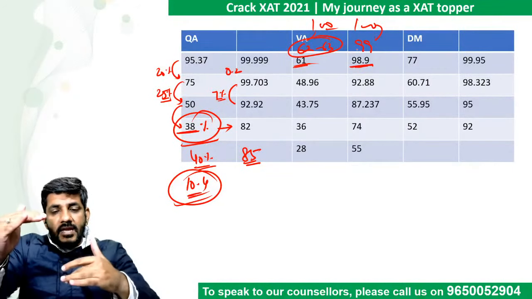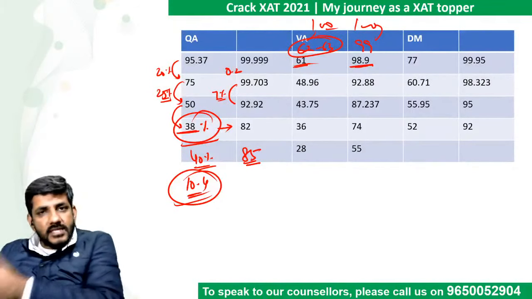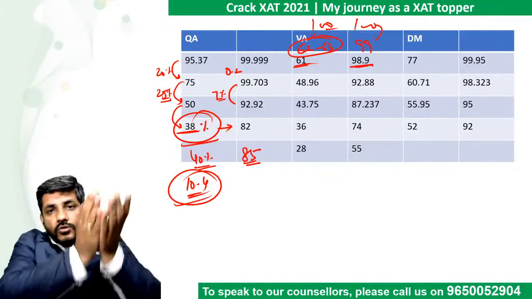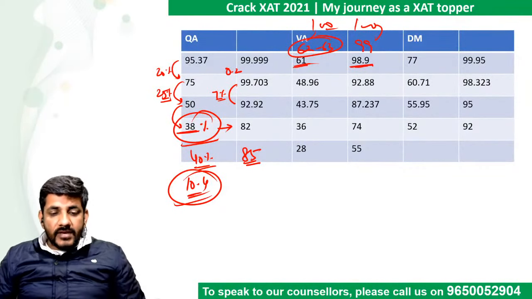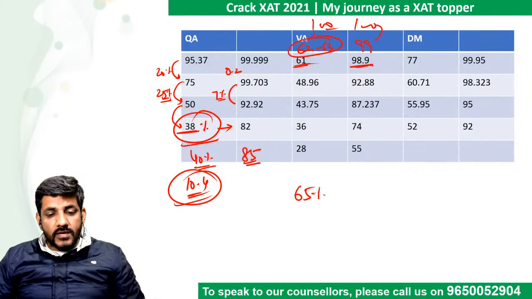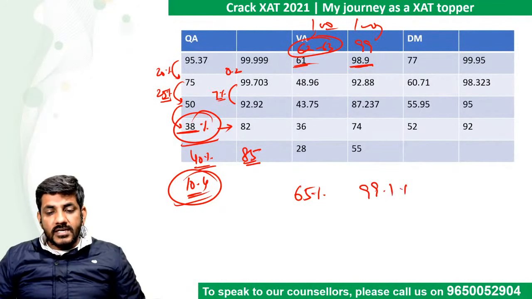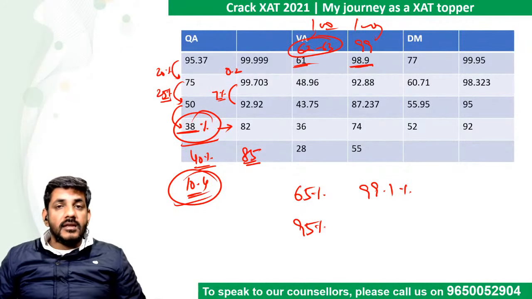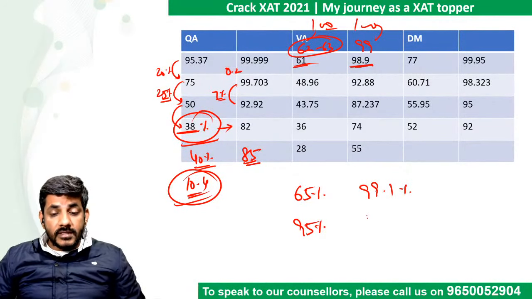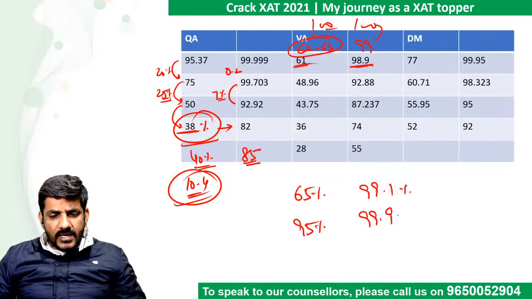That is the area which does not show in your sectional percentile, but your score is actually increasing because of that, right? A person having, let's say, a 65% score in verbal ability has a percentile of, let's say, 99.1. But if he scores 95% in verbal ability, his percentile would be, let's say, 99.98.